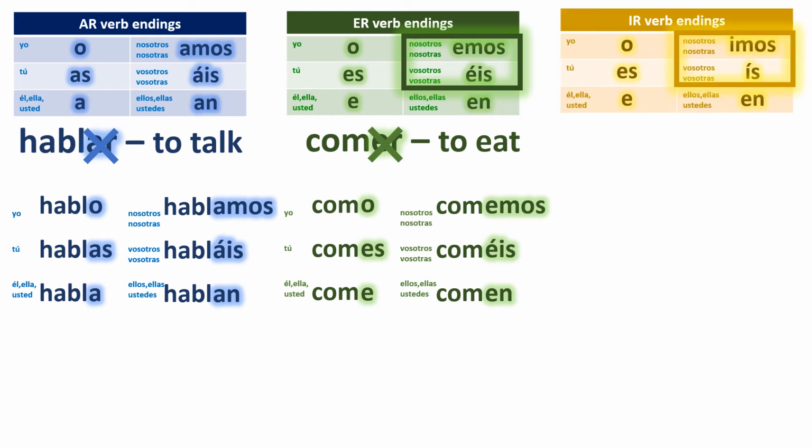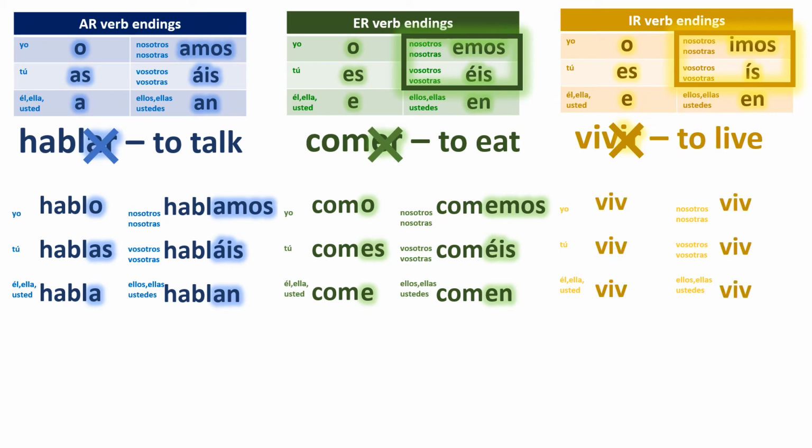IR verb endings. We will use the verb vivir as our example for an IR verb. Vivir means to live. The first step is to take off the IR. The stem or the root of vivir is viv.